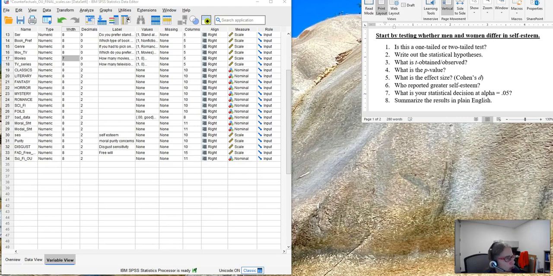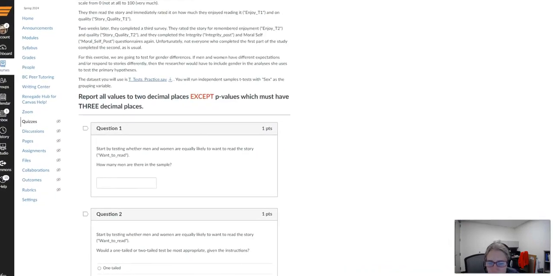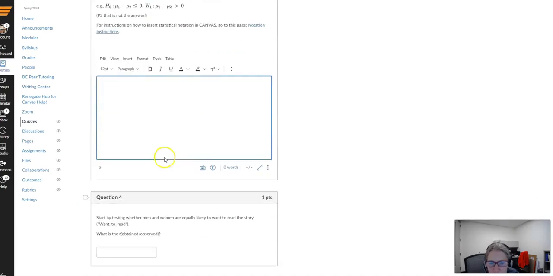Here, I'm just going to show you an example of what it's going to be. Let me get Canvas pulled up so you can actually see what this would look like in Canvas. We're going to use this to show the example.